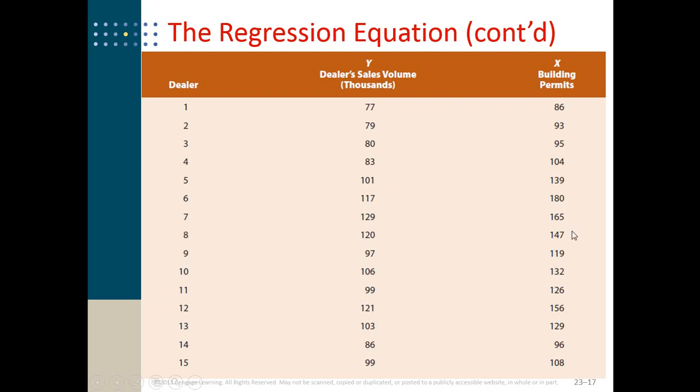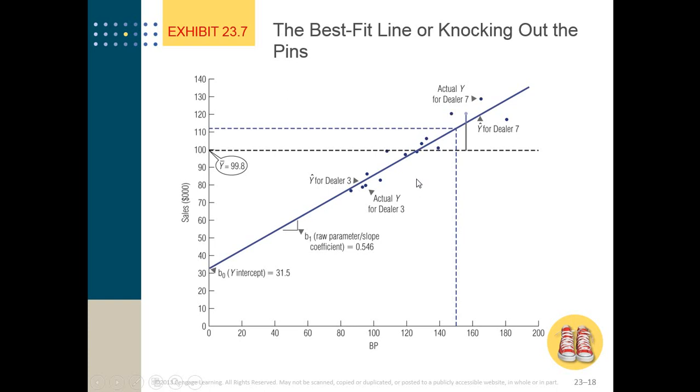So we expect that there is a relationship between number of building permits and dealer sales volume. If we put these numbers in a diagram, it will look like this. On the horizontal axis, we have number of building permits, and on the vertical axis, we have dealer sales volume.